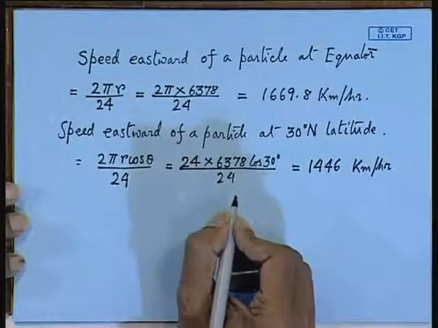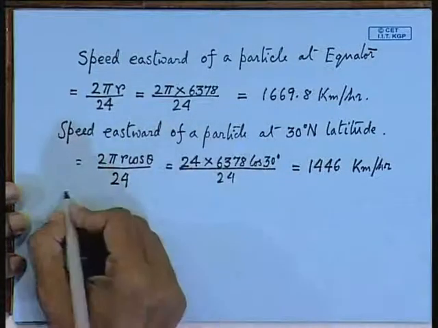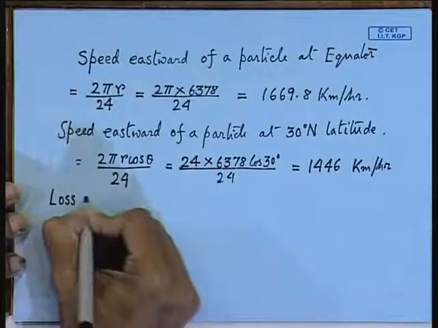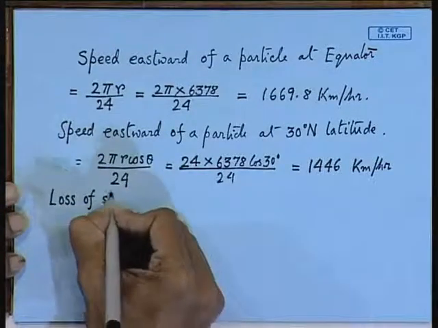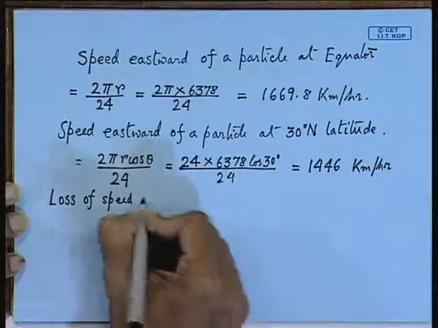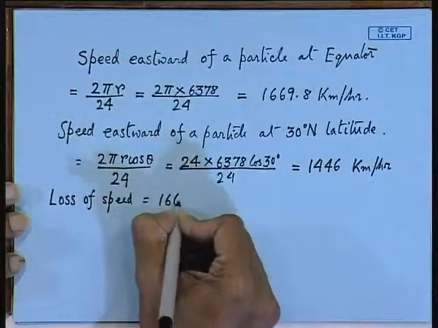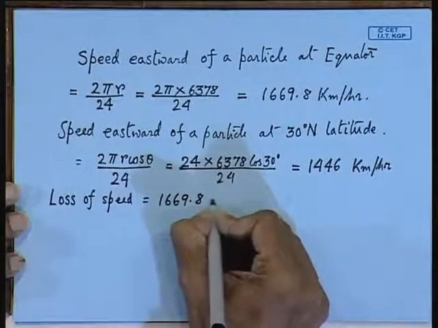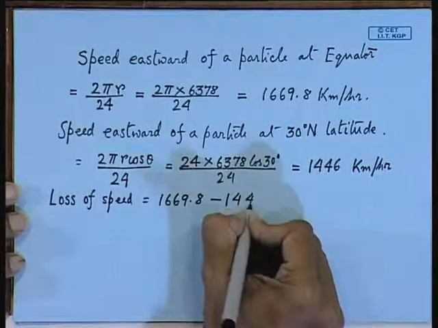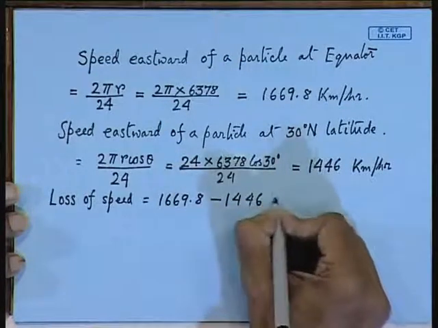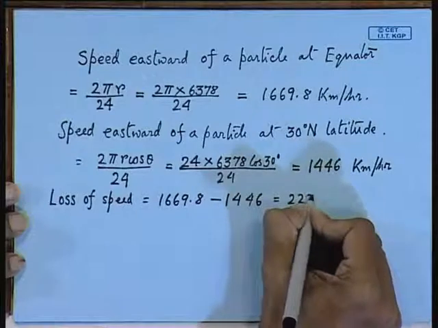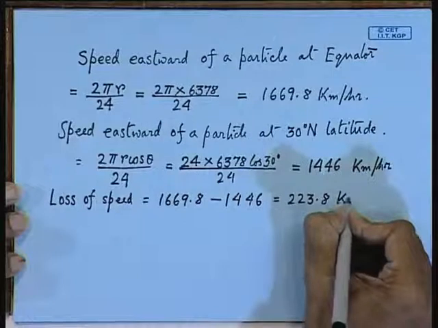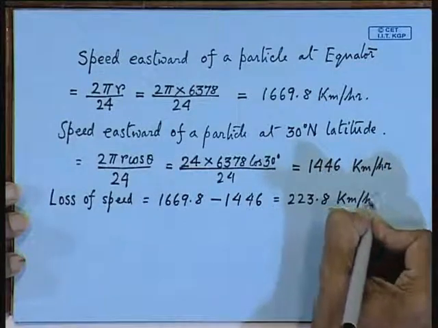So, that means how much is the loss in speed? So, there is a loss of speed. So, this is 1669.8 minus 1446. This is equal to 223.8 kilometers per hour.